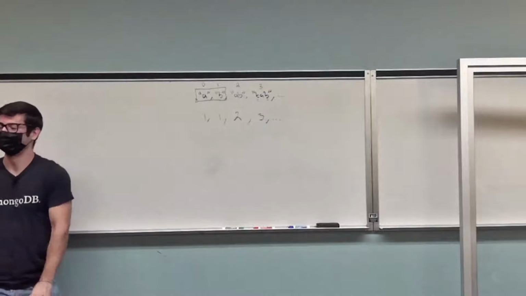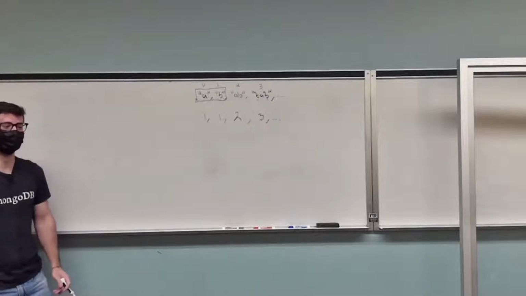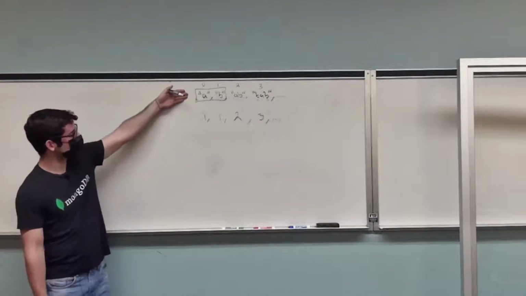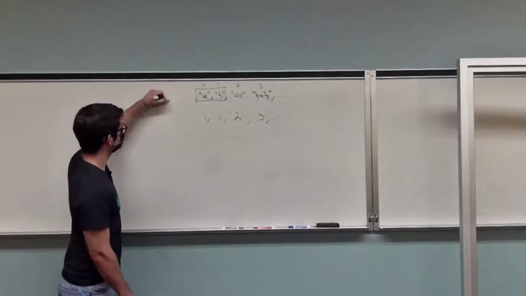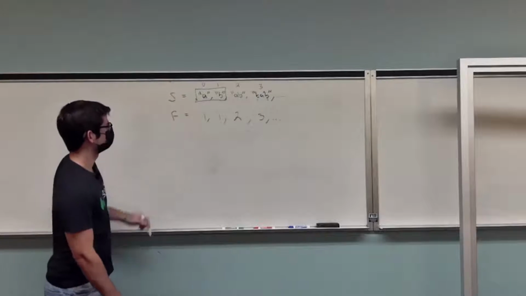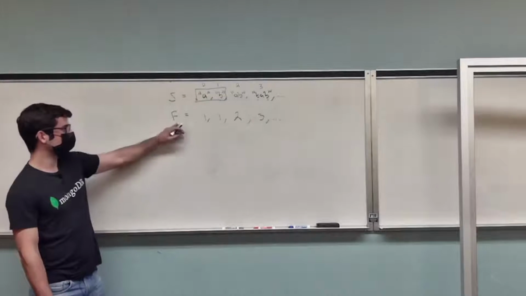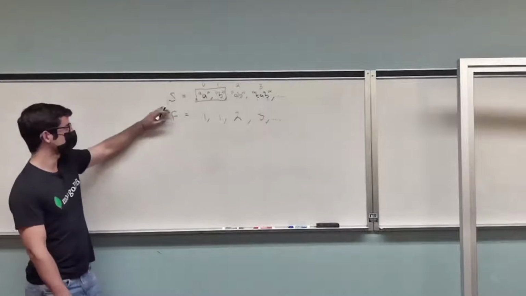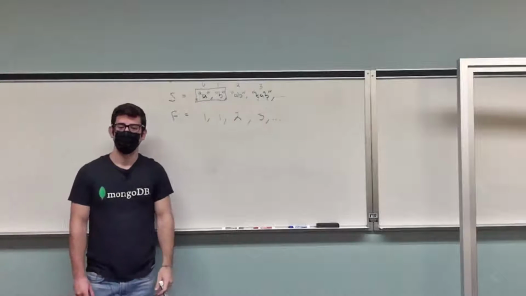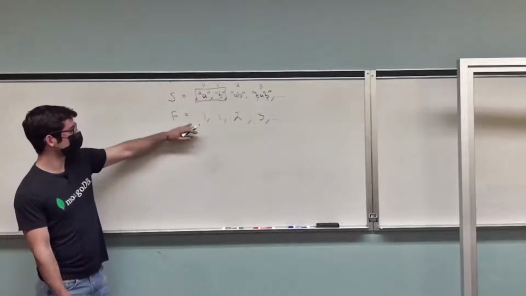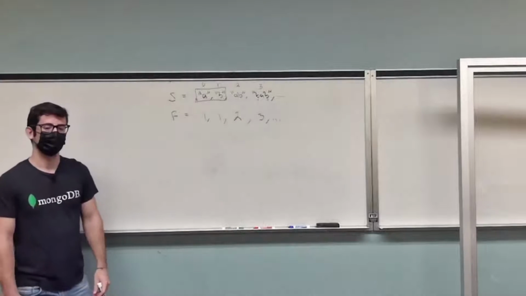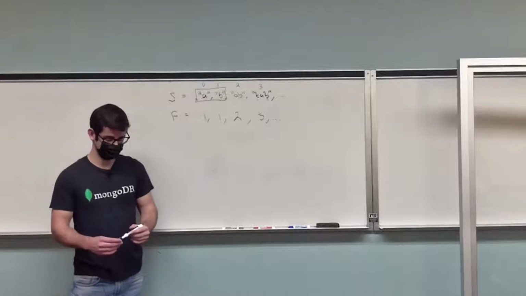Let's call this S, and then let's call this F. Let's say this is the Fibonacci sequence for numbers, and then this is the Fibonacci sequence for strings. Is there any connection that you guys see between these numbers and the strings? They have the same position, essentially. Yes? Is there anything else?